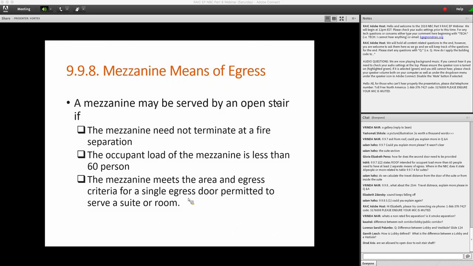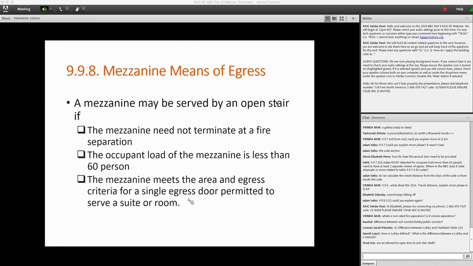So a mezzanine may be served by an open stair, that is, a stair that is not constructed as a fire separation with a fire resistance rating, if the mezzanine need not terminate at a fire separation, if the occupant load of the mezzanine is less than 60 persons, and if the mezzanine meets the area and egress criteria permitted for a single egress door serving a room or a suite.